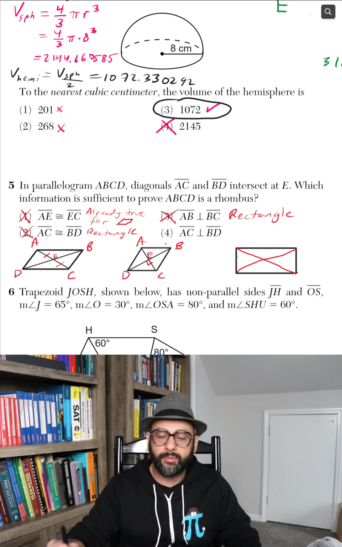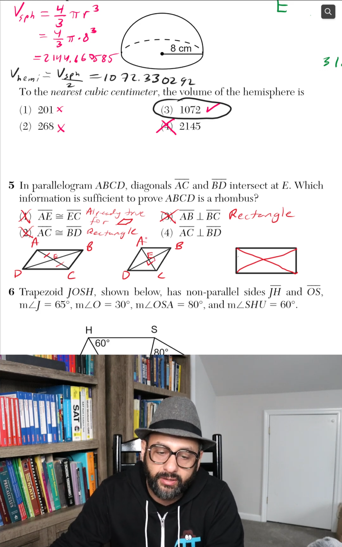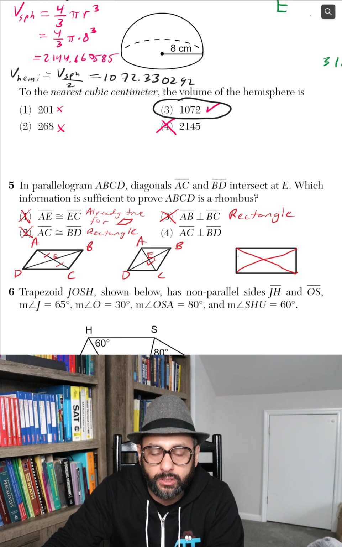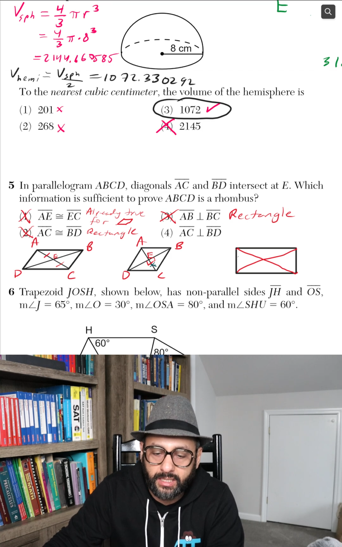Because if these are perpendicular, then all 4 angles are right angles. And then you could do clever things like side angle side to prove that any 2 of the 4 small triangles are congruent. So, for example, this is congruent to itself, and then this length is congruent to this length. This angle is congruent to this angle.